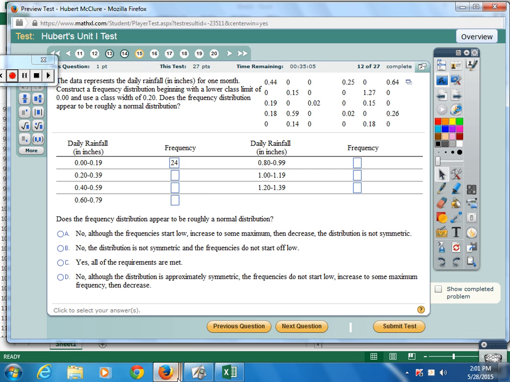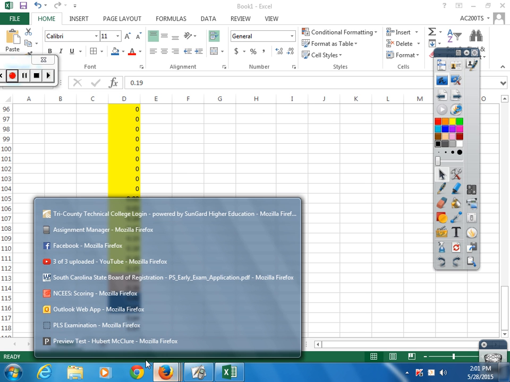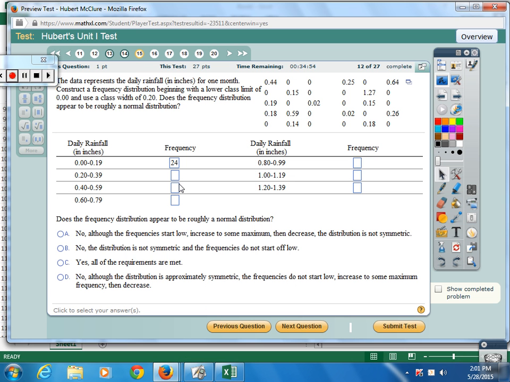20 to 39 cents. 2, 2, 1 and 1. The 2 right here. And 2, 1.